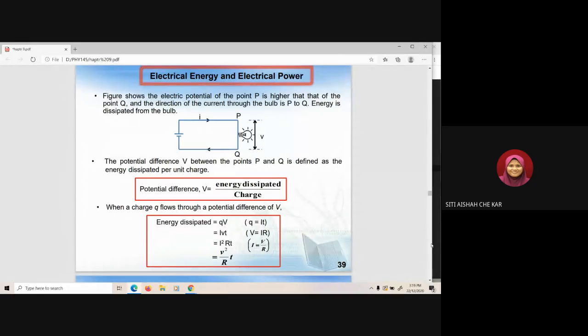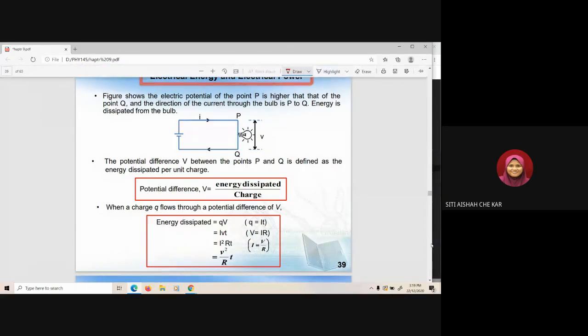Okay, so electrical energy and electrical power. The figure shows a closed circuit. So we have a bulb here, and the bulb is lit.